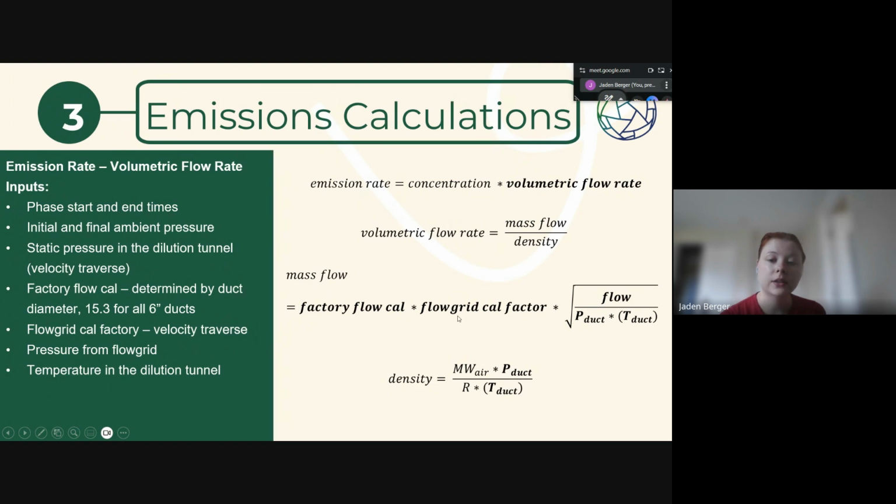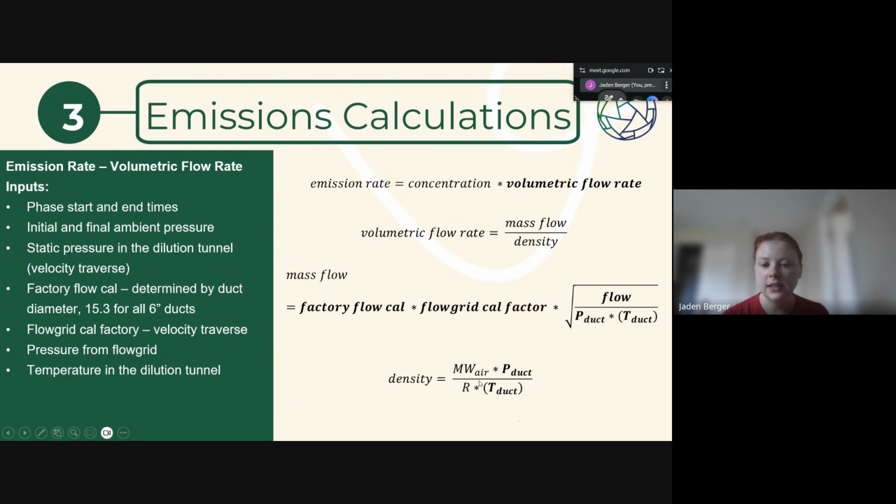And then there's this flow grid cal factor. This is also determined by your velocity traverse, so it should be in your velocity traverse data. So look for that in there. And then we also look at our flow data. This is the pressure drop that's measured from our flow grid, the pressure in the duct, and the temperature in the duct.